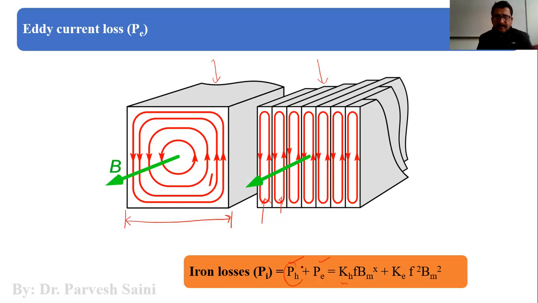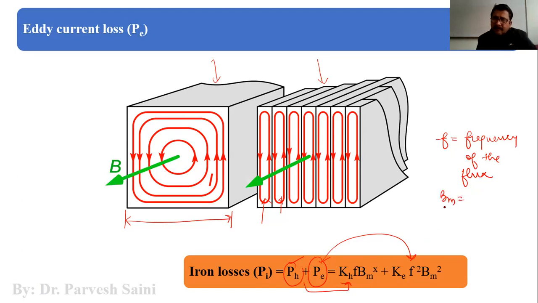For hysteresis losses, we have Kh f Bm raised to the power x, and for eddy current losses, we have Ke f squared Bm squared, where f is the frequency of the flux and Bm is the peak value of the flux density, or the maximum flux density.